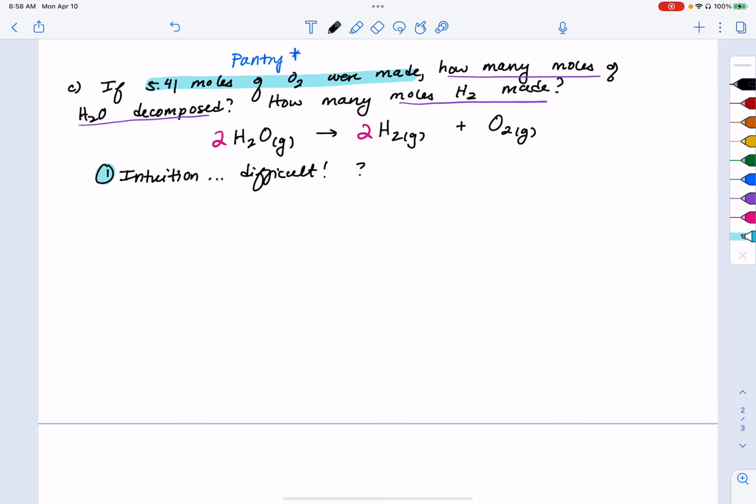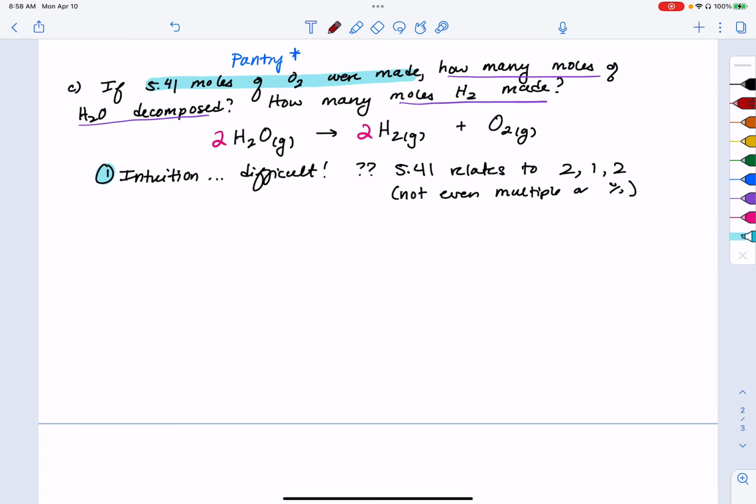Because I don't know how 5.41 relates to 2, 1, or 2, right? It's not an even multiple or percentage or fraction, right? So it looks like I am SOL when it comes to just trying to do this without showing any work, which, as you all know, I prefer anyway.